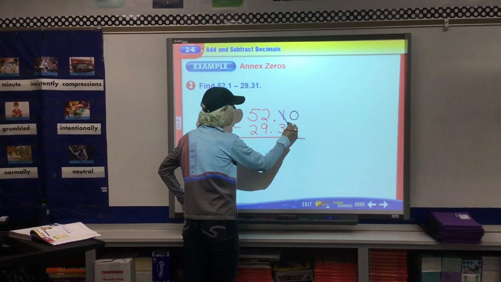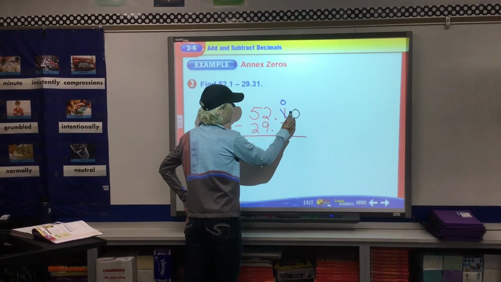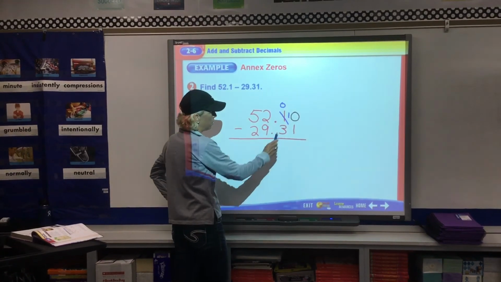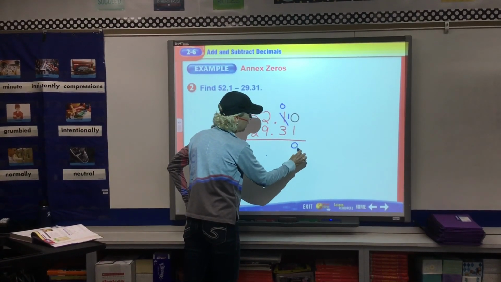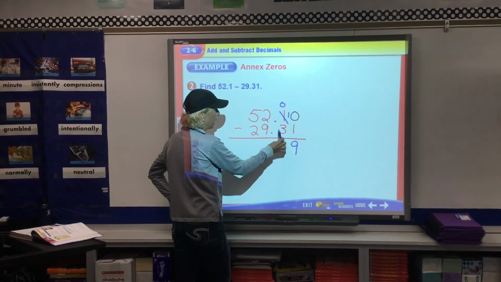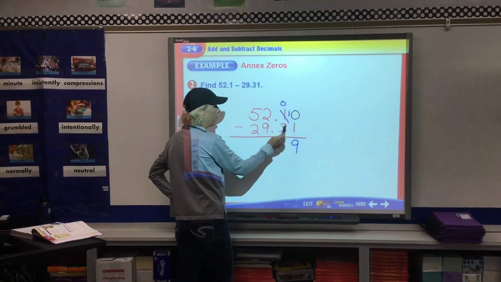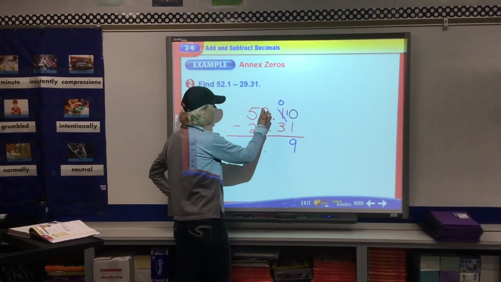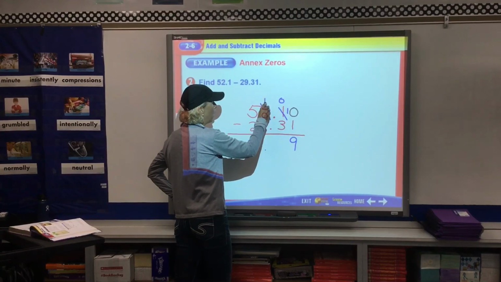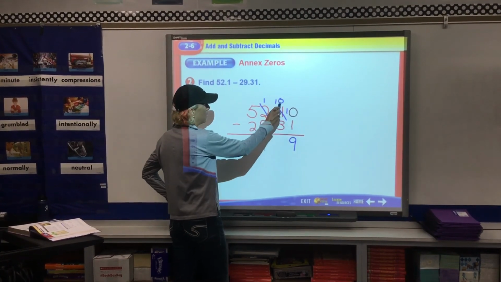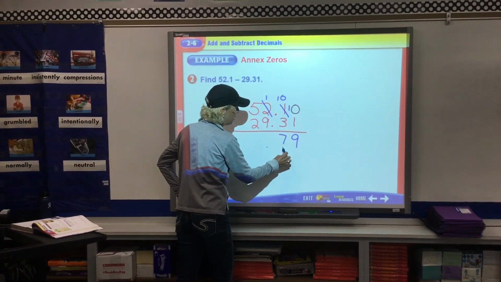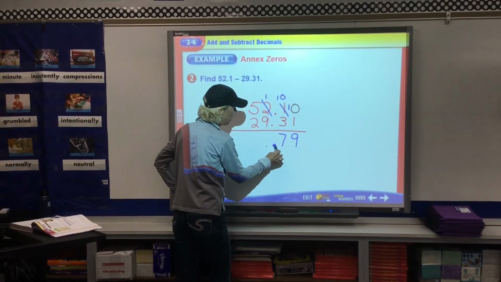I'm going to borrow here. This becomes 0, and this becomes 10. So 10 minus 1 is 9. I come over to the tenths place, and can I say 0 take away 3? No. So I'm going to borrow again. This becomes 1. This becomes 10. 10 minus 3 is 7. I'm going to bring my decimal straight down.